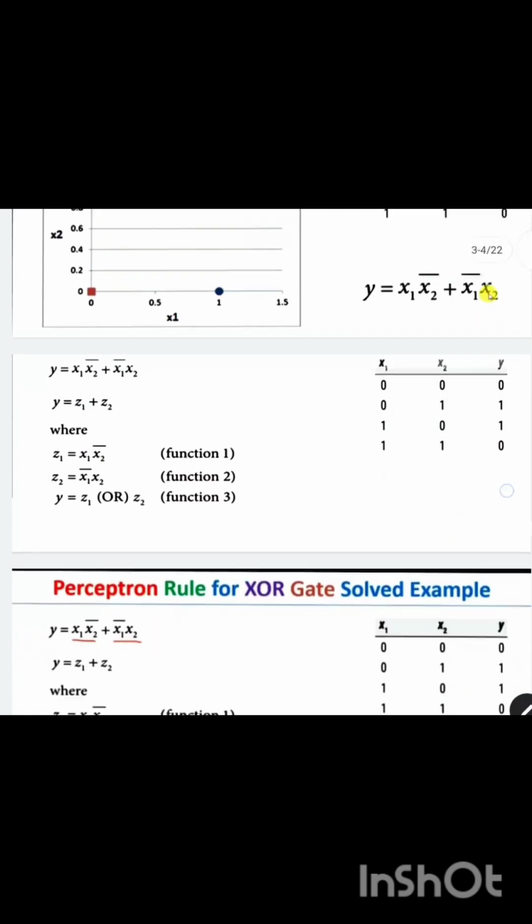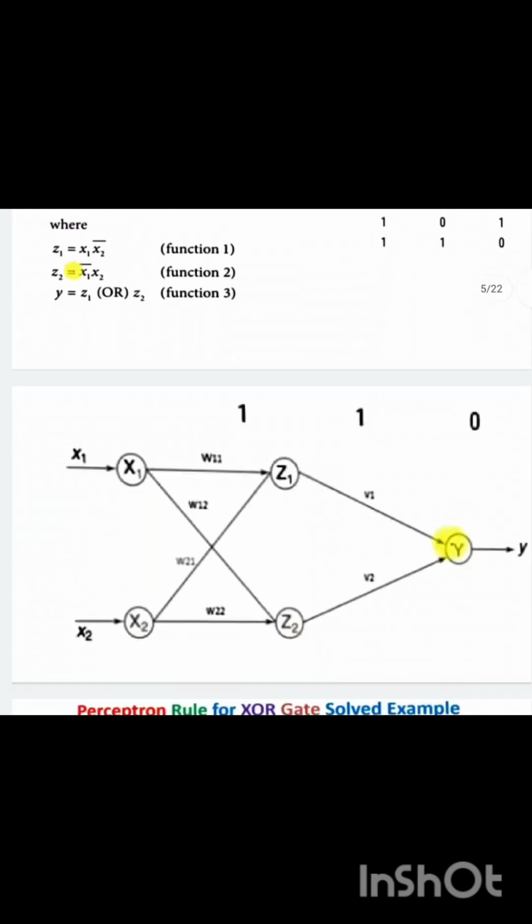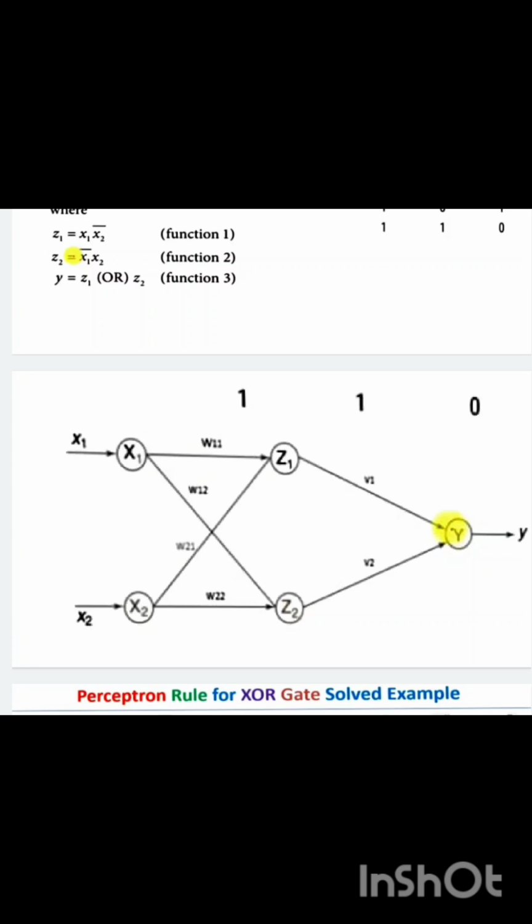Now let's see this diagram. So we have x1 and x2 bar, which is Z1. So for x1, this is the input and this is the weight associated with x1, which is called as W11. For x2, this is the input and this is the weight associated with x2 bar, which is W21.